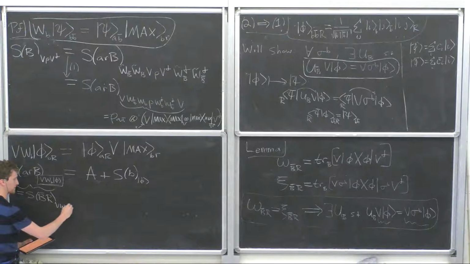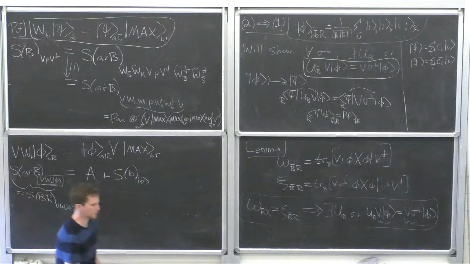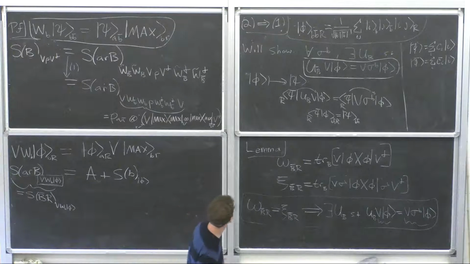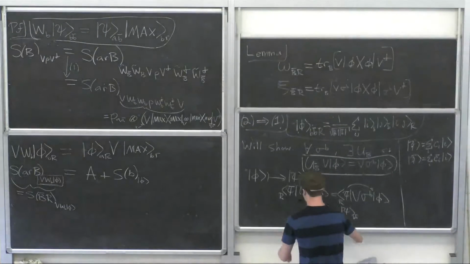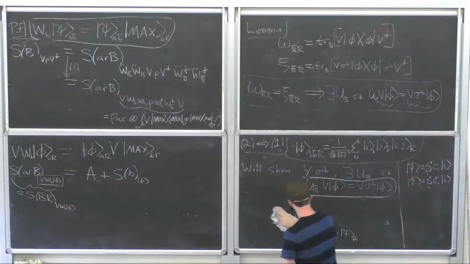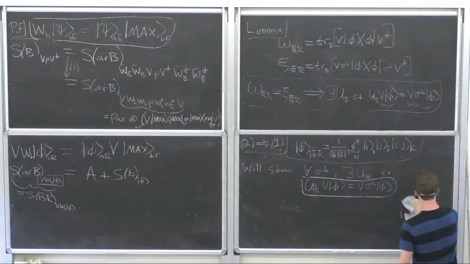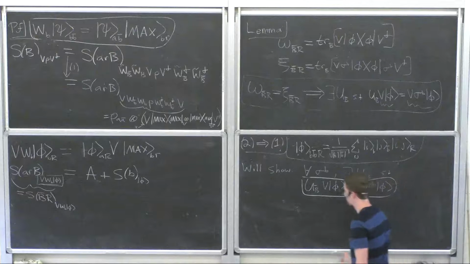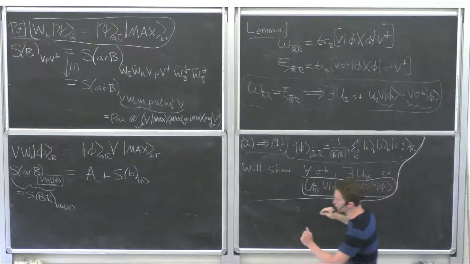So I'm just writing the same state. And now, let me keep a running total of what we have. So I'm going to erase this second part here, to keep a running tab of what we've used so far.